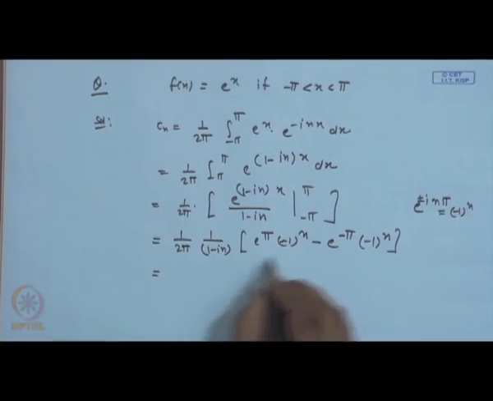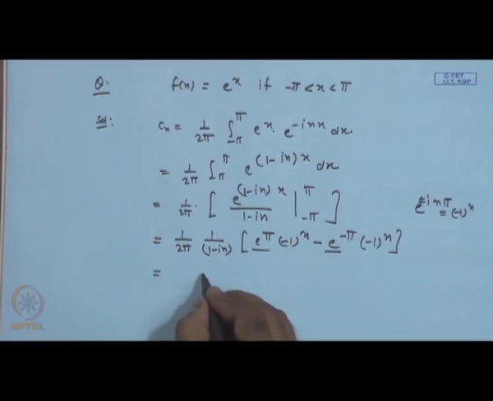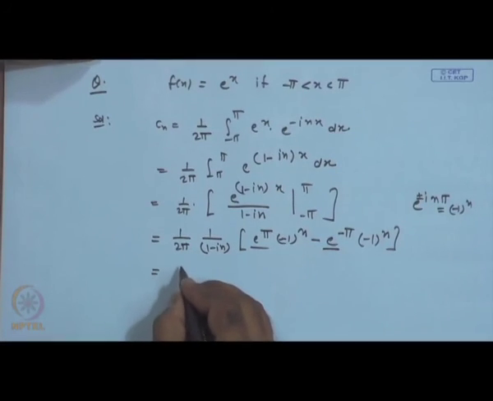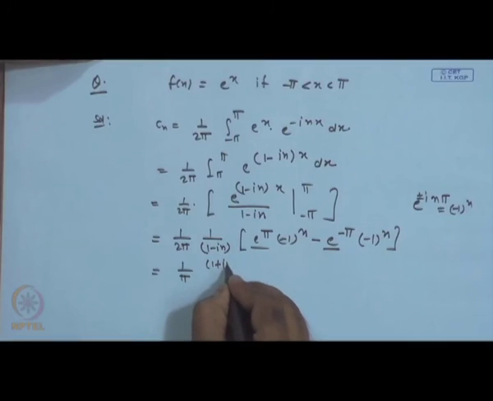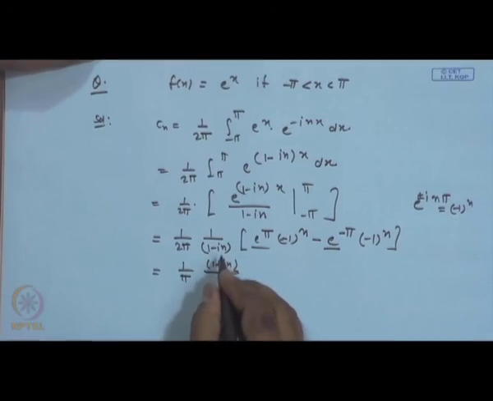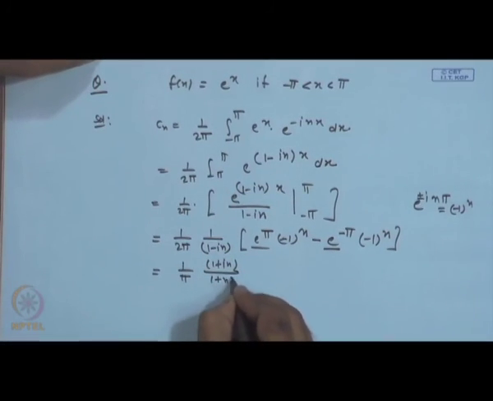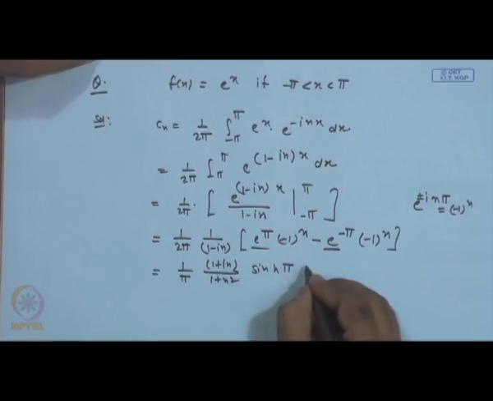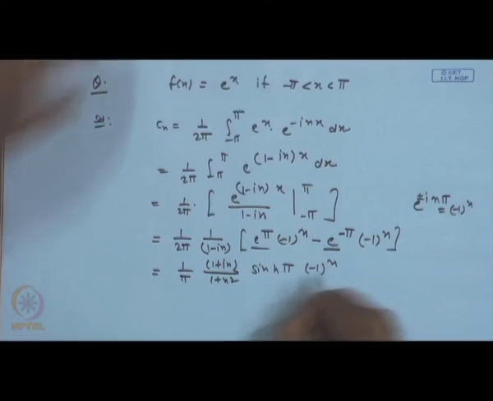So, in this case this again we can write as 1 over pi, here (1 + in) divided by (1 + n squared), and this sinh pi, and we have (-1)^n.